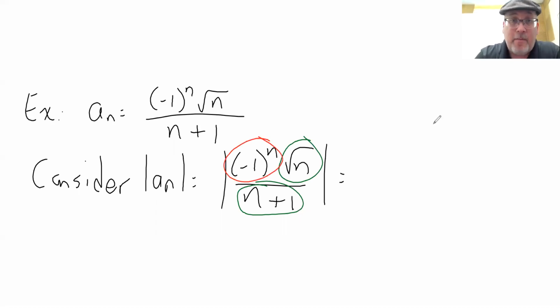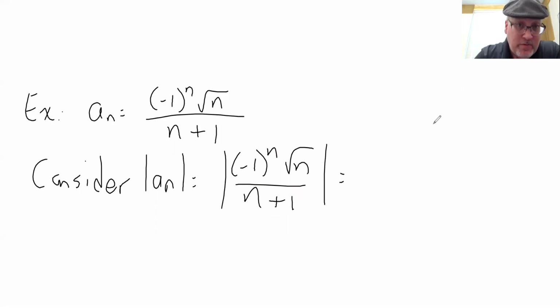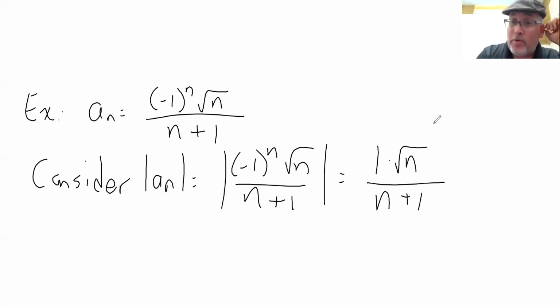Because the absolute value of a positive number is itself, we can lose the absolute value completely: the absolute value of (-1)^n is 1, times the absolute value of the square root of n, which is positive and therefore equal to itself, over the absolute value of n plus 1. But because n plus 1 is positive, remember we're starting with n equals 1, its absolute value is just n plus 1, at which point we really don't need the 1 times anymore. So we're going to consider that sequence and look at its limit.